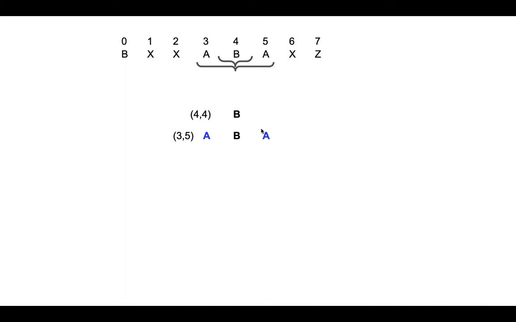If that string is palindromic, that means the string from index 3 till 5 is a palindromic string. Since we have already calculated the string in between both characters and it is palindromic, if both characters are equal, the string from index 3 till 5 is a palindromic substring.